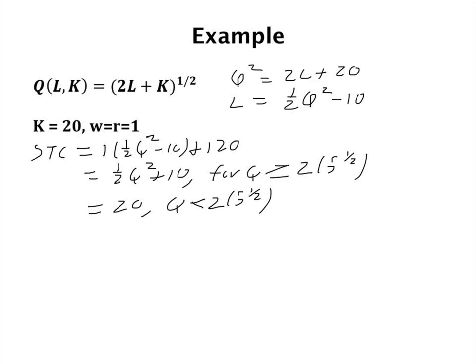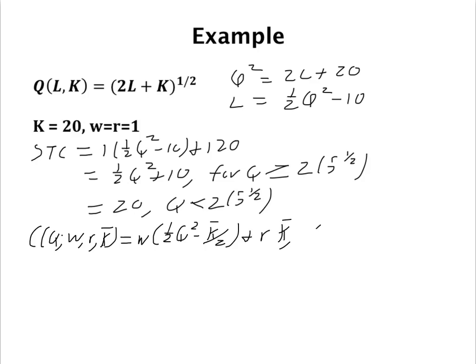In general, the cost of producing Q at wage W, rental rate of capital R, and holding capital fixed at K bar is going to be equal to W times (1/2 Q squared minus K bar over 2) plus R times K bar for Q greater than or equal to K bar to the 1/2, or it's going to be R K bar otherwise.